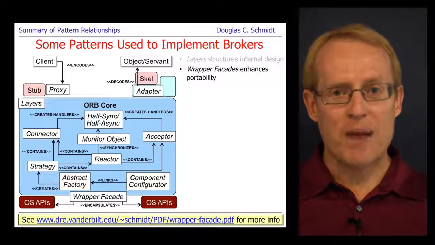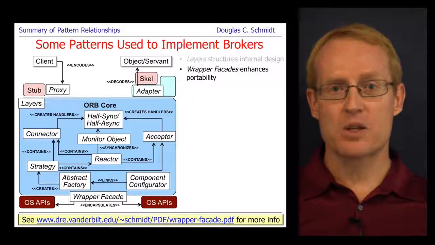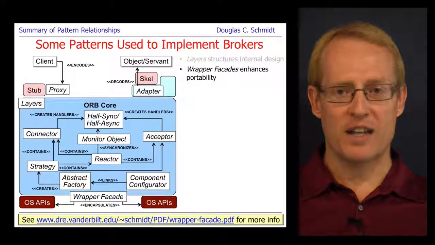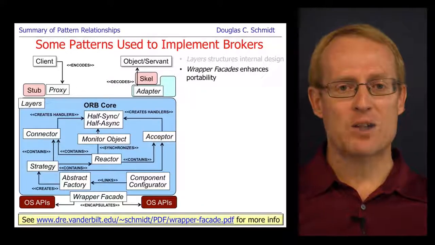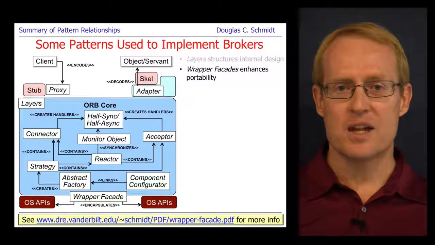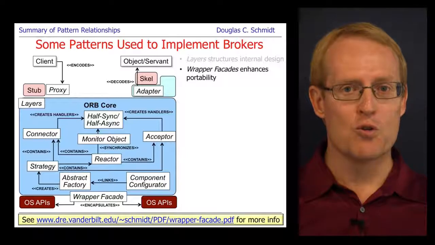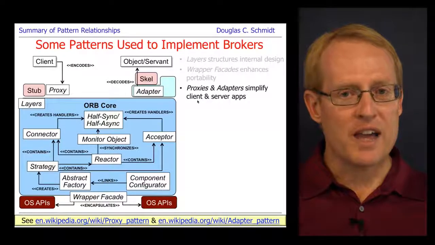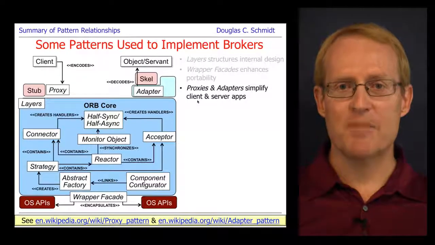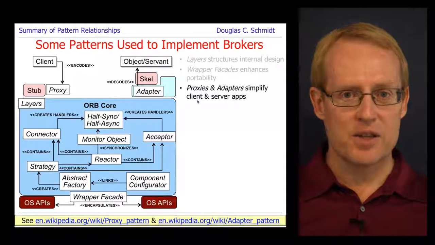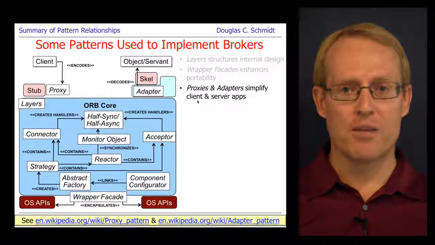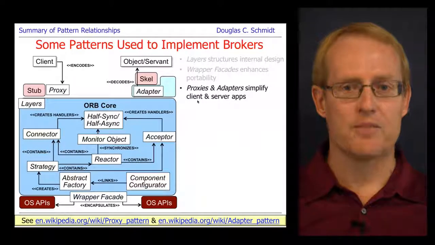We also apply the wrapper facade pattern. Wrapper facade is a POSA 2 pattern that makes it easy to enforce portability by providing a layer that abstracts away from low-level operating system details to make software easier to move between operating systems. We apply a couple of Gang of 4 patterns, the proxy and adapter pattern, which make it easy to separate the application logic, which is method-oriented, from the underlying broker, which is message-oriented.